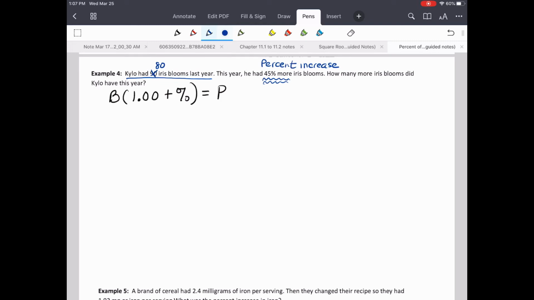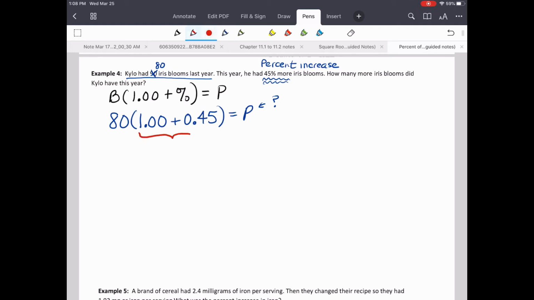He had 80 blooms before. That can very well be stated like that. So 80 sounds like the whole. It's the base. And I'm going to write down 80 times, and then parentheses 1.00 plus the percent increase. The percent increase was 45%. Now don't forget to change that to a decimal and then make that equal to the part, because the part is the unknown in this problem. The part is what we're solving for.